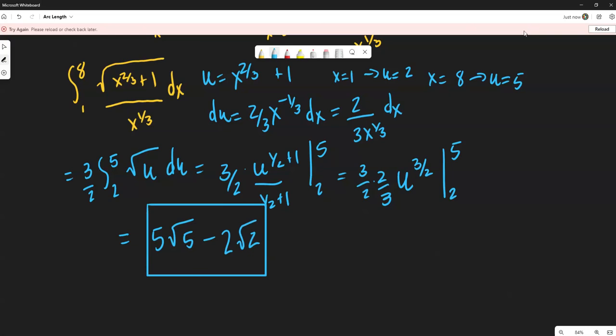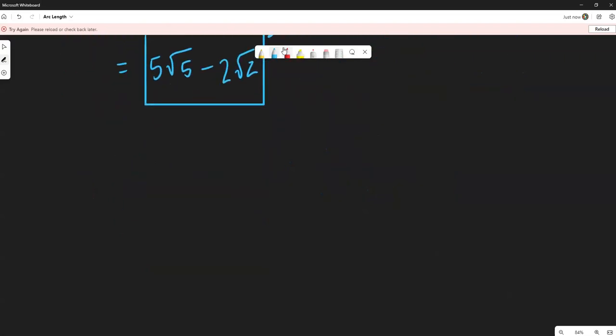Now, if we were to try to find the arc length of another equation, like if we have y equals 1/2 x squared plus 1, and we want to look at this from 0 to 1, then we can find the derivative, which in this case would just be x.